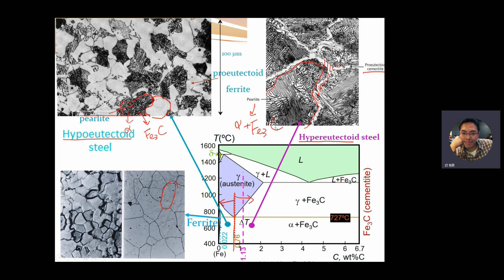Of course, the hypereutectoid steel is stronger than hypo, right? Why? Because the structure of hypereutectoid consists of proeutectoid cementite and pearlite. And pearlite provides dispersion strengthening, and the cementite is an intermetallic compound, right? Therefore, the hypereutectoid steel is stronger than hypoeutectoid steel.